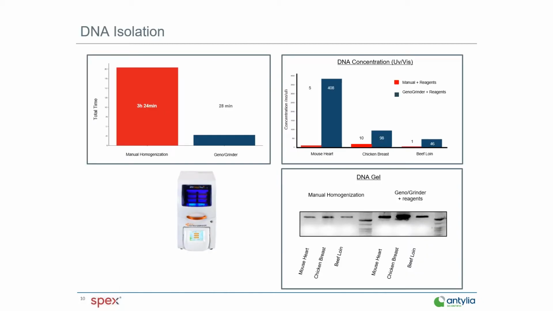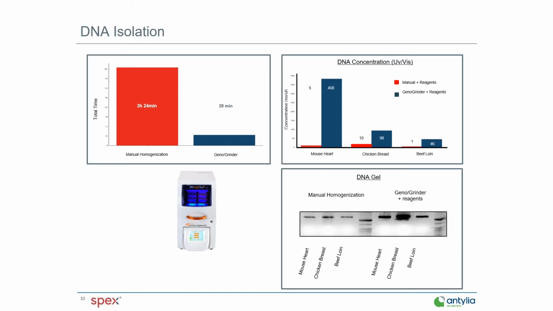This is a study that was done for DNA isolation using manual processes and our Spex GenoGrinder. As you can see, the total time for the sample process was 3 hours and 24 minutes for the manual homogenization, whereas for the GenoGrinder, it took us 28 minutes. And when we looked at the DNA concentration by UV-vis in different types of tissue, we had mouse heart, chicken breast, and beef loin.